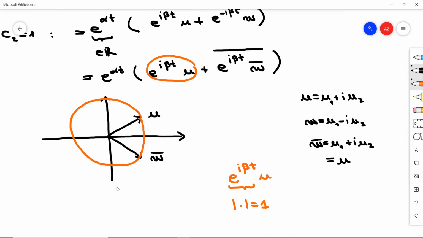So we are traveling along a circle. Of course, I didn't draw a nice circle, so I will correct this a little bit. It's a circle with radius the length of u.